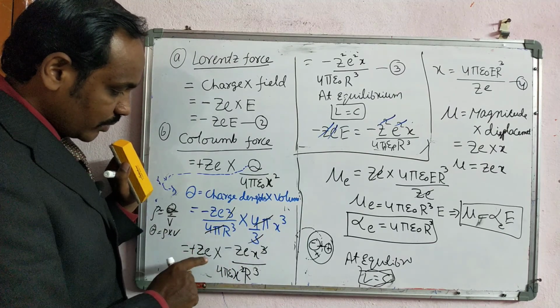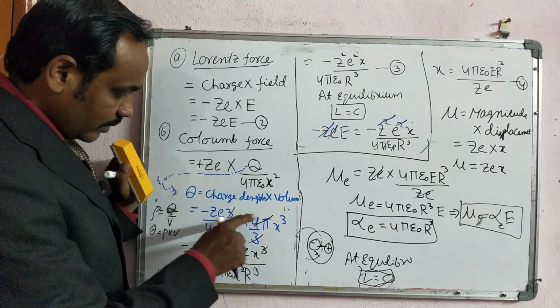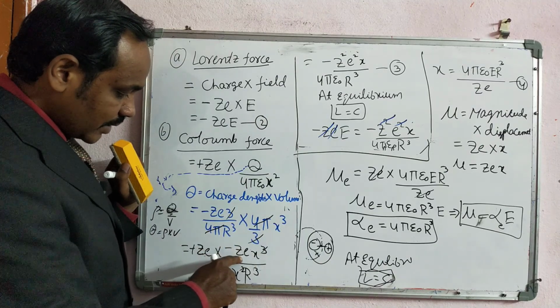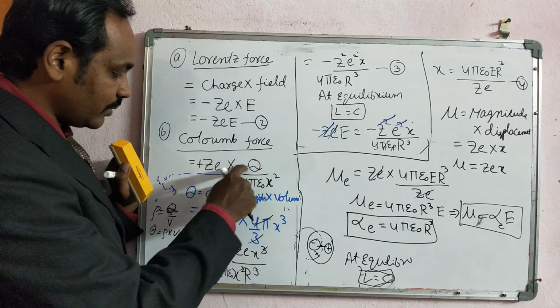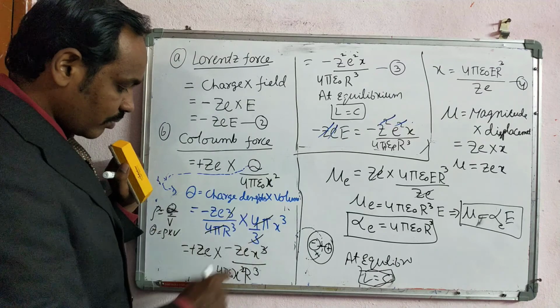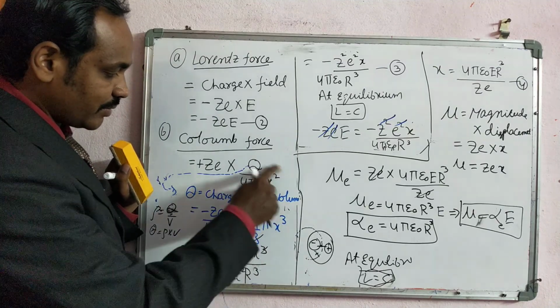The remaining is minus Ze x cube by r cube. I have written this Q value here, plus Ze is the same, and 4 pi epsilon naught x square I have written here.